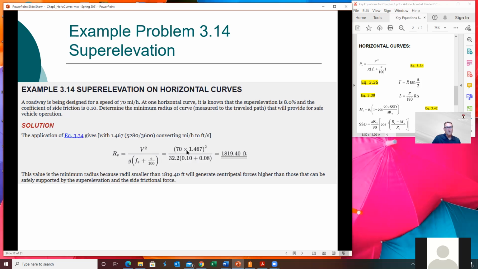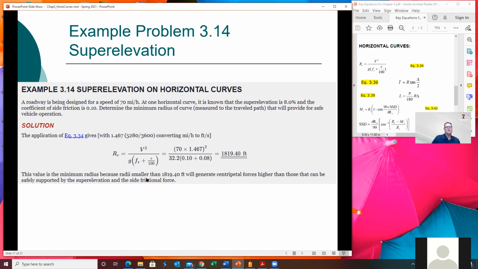Because g is in feet, you want to convert that, our trusty 1.467 conversion factor, to get 70 miles an hour into feet per second. You put that in and square it, and 32.2 times your 0.10, which is a given, plus 0.08, because that's the super elevation rate of 8 divided by 100, and you end up with 1,819.40 feet. So this is the minimum radius.